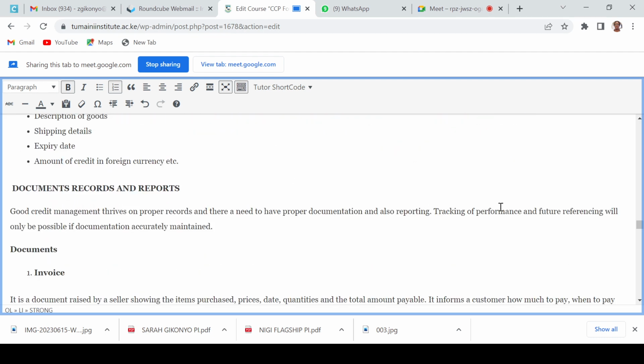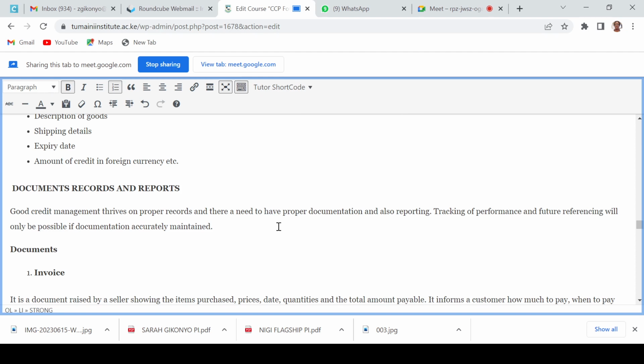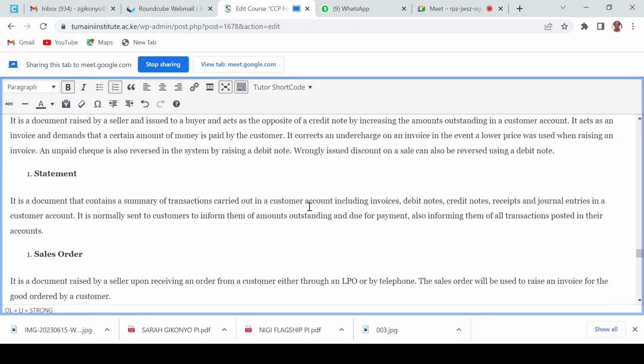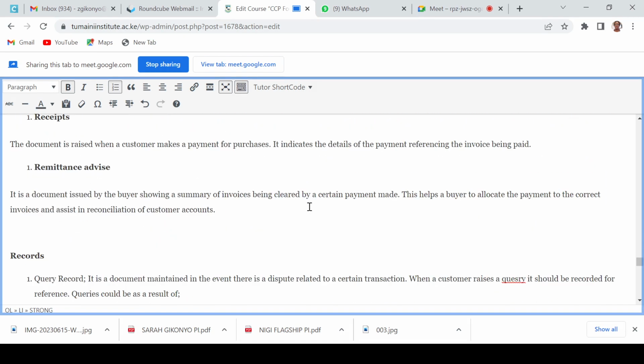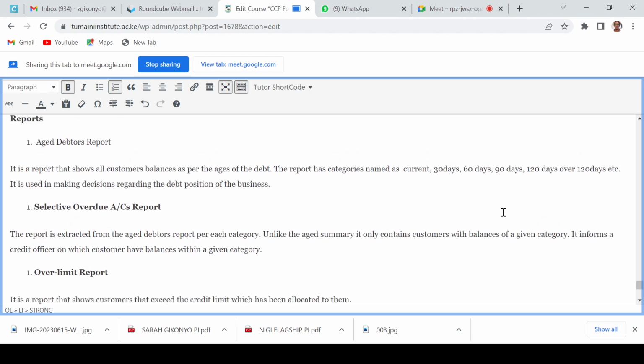I think it is only fair that I don't go beyond there and leave it at that, so that next time when we come, we will just talk about documents and records and reports under trade credit. So tukishajua hizo, then we'll be able now to move. I think either we can move to the next lesson, but that should be it under trade credit.